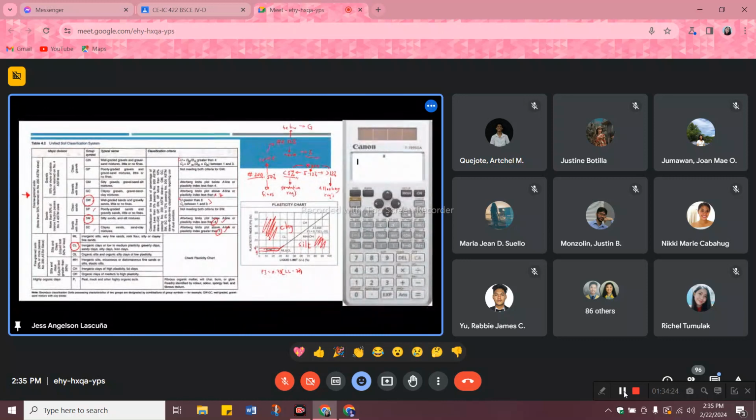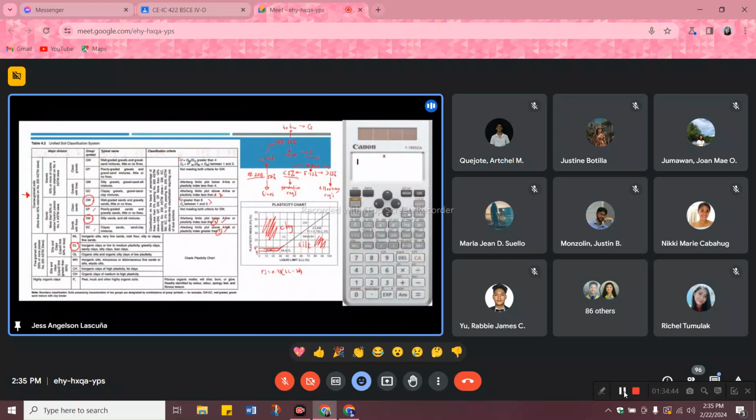So if your coordinates fall around there, then you will need dual symbols. But if not, then it's easy to determine if it is clay or silt. Just use the A-line as a reference.